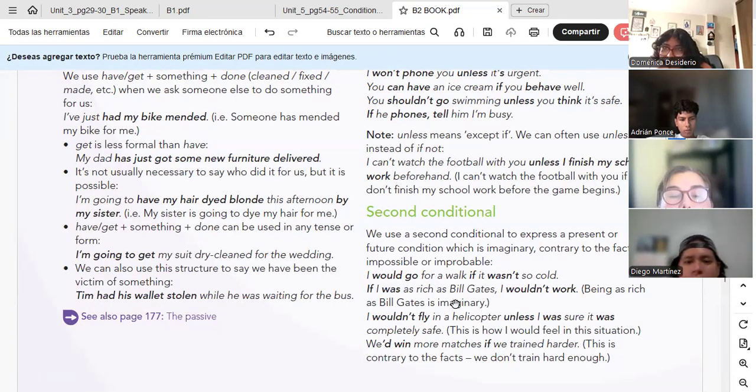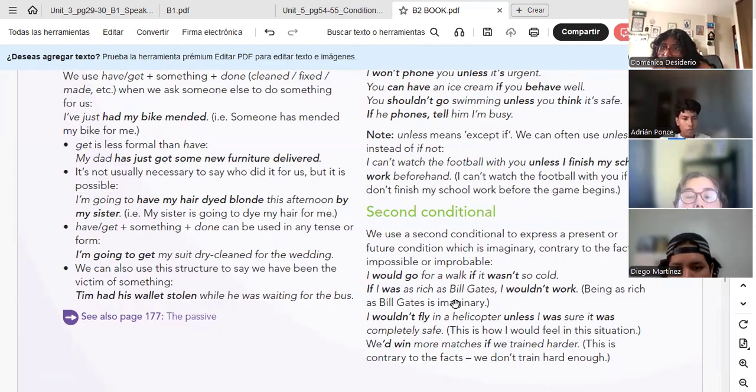Second conditional. We use a second conditional to express a present or future condition which is imaginary, contrary to the facts, impossible or improbable. I would go for a walk if it wasn't so cold. If I was as rich as Bill Gates, I wouldn't work. Being as rich as Bill Gates is imaginary.